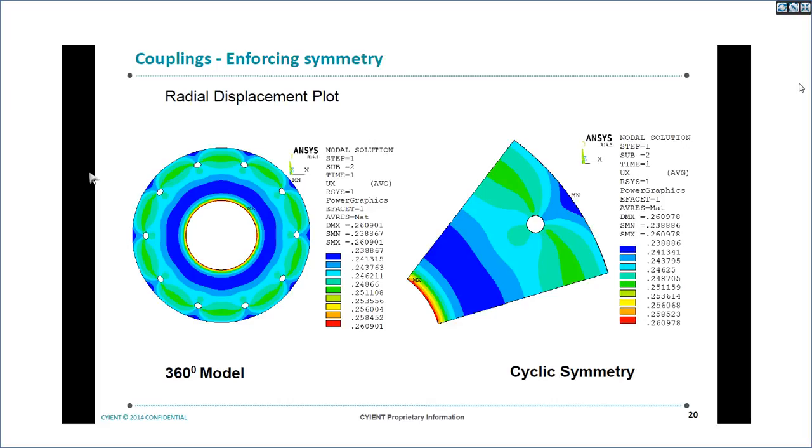So when you solve this model, both the 360 degrees as well as the cyclic symmetry, the results will be more or less similar. There is no deviation at all. Okay. So we are not observing any changes. Have a close look here.